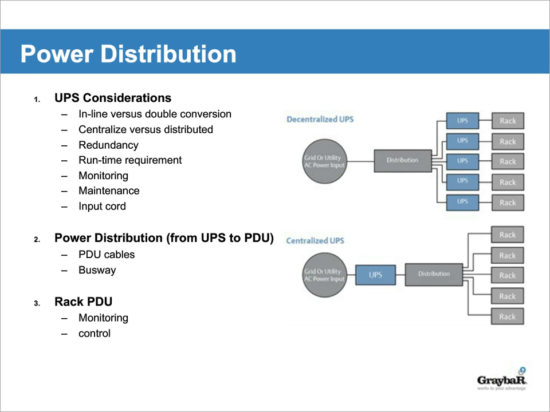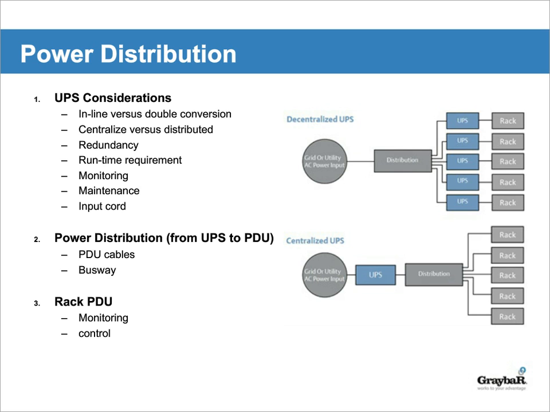Anything else on this slide? Yeah, just about the rack PDUs, right? A lot of these rack PDUs today have monitoring and control. So when you're buying that UPS, that PDU, make sure you'll be able to monitor the power consumption, right? And make sure, very importantly, you'll be able to control the output.